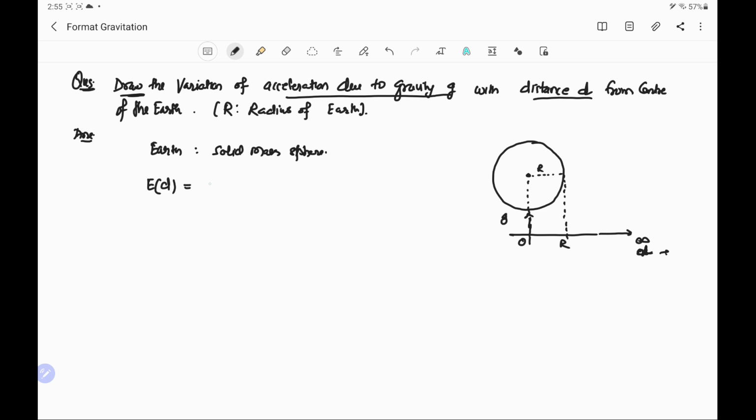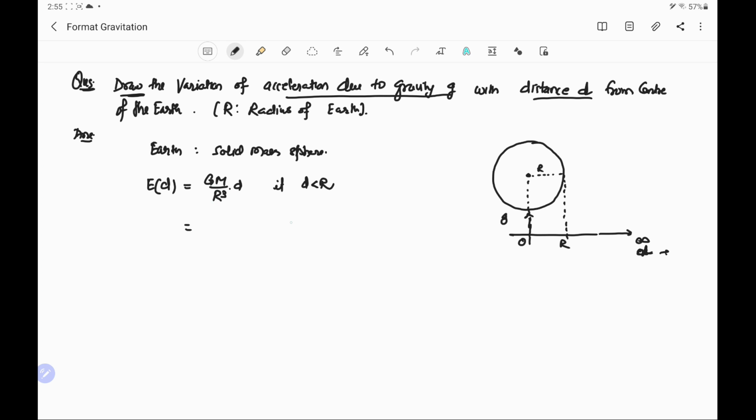will be equal to GM/R³ into d if d is less than R. That means if the point is inside the Earth, then the gravitational field or gravitational acceleration is GM/R³ into d.